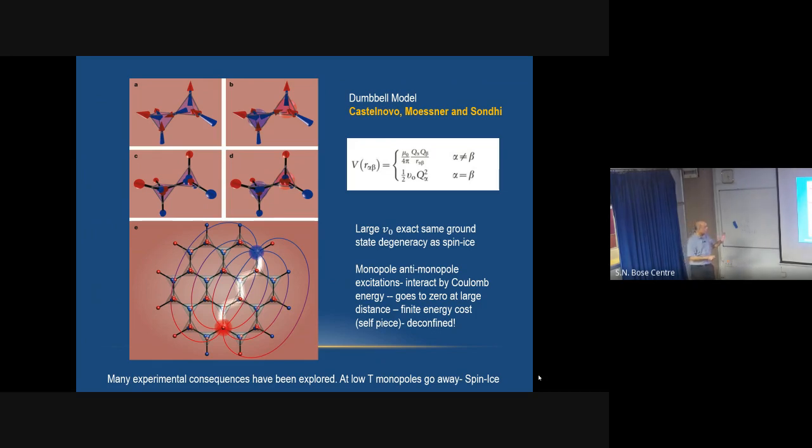So first of all, a probe of just the ground state itself. The ground state is characterized by this property that you have 2 in, 2 out everywhere. If you think of this vector as a kind of magnetic field vector, then it's like that field is constrained to have 0 divergence. So this 2 in and 2 out can be thought of as locally a 0 divergence condition.